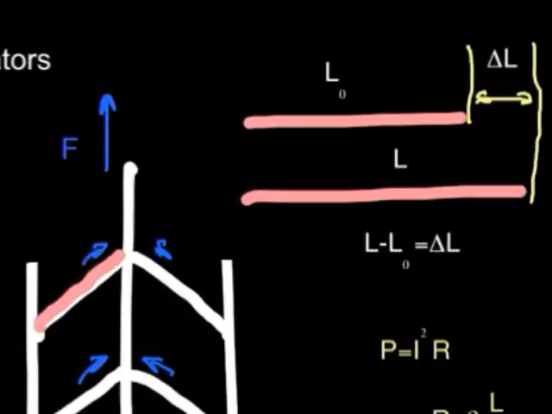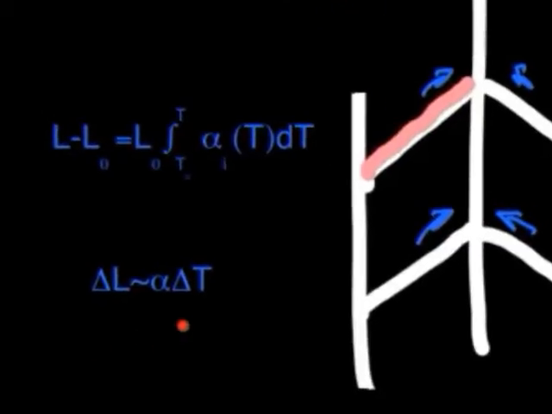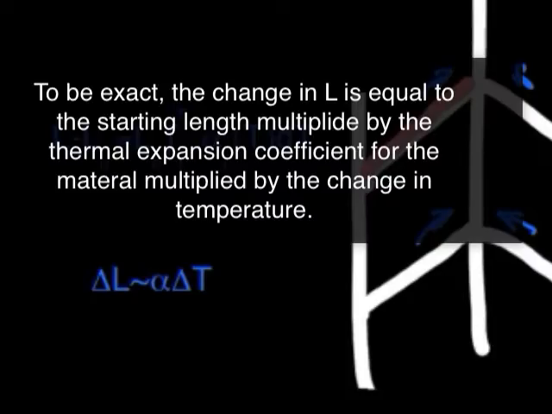Now if you focus down in the lower left, I wrote a little equation that's delta L is proportional to some constant, alpha, times delta T. So delta L is proportional to alpha delta T. Okay, alpha is a constant that's related to the material you're working with. Okay, it's a material property.